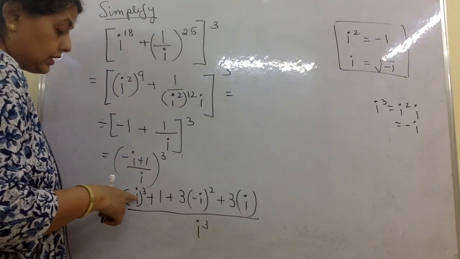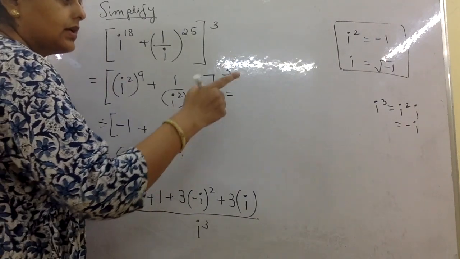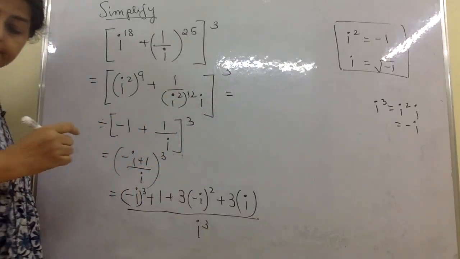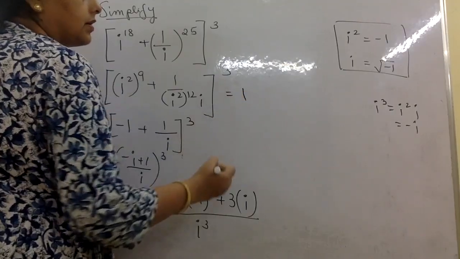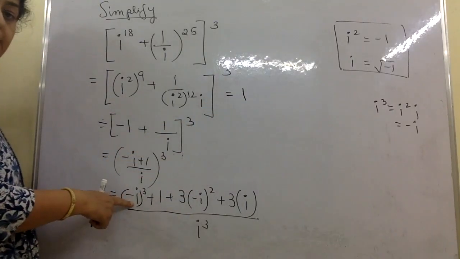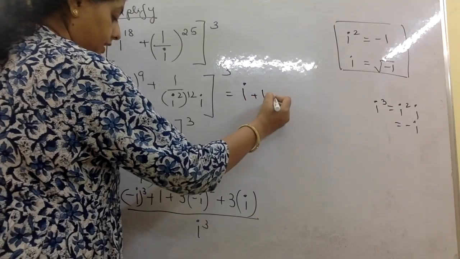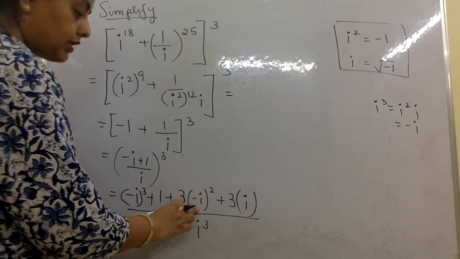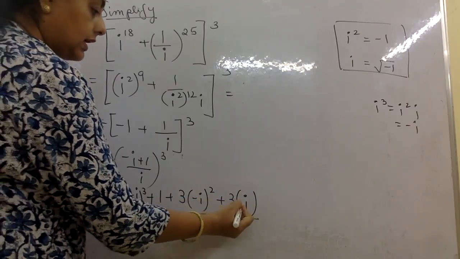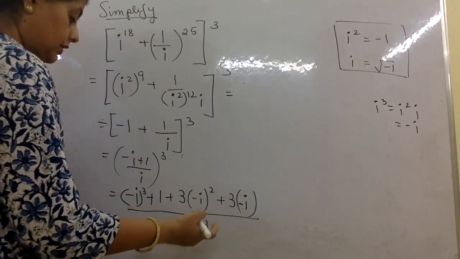So minus i cube, minus remains, and with this minus i, that is a plus i cube is a minus i, and with this minus it's a plus i, plus 1, and then a cube plus b cube plus 3a square b plus 3ab square, b square is a 1, okay.